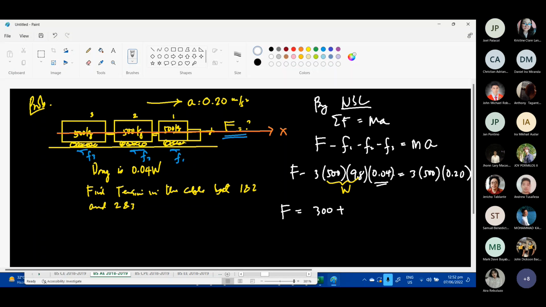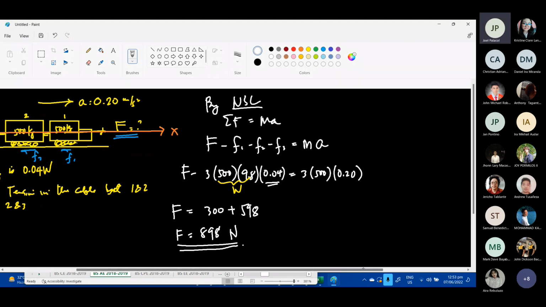Plus 5 times 4 is 20, times 3 is 60, times 9.8 is 588, so 888? Is it 898? Please check. Yes, sir. And what is the unit? Newtons. All right.